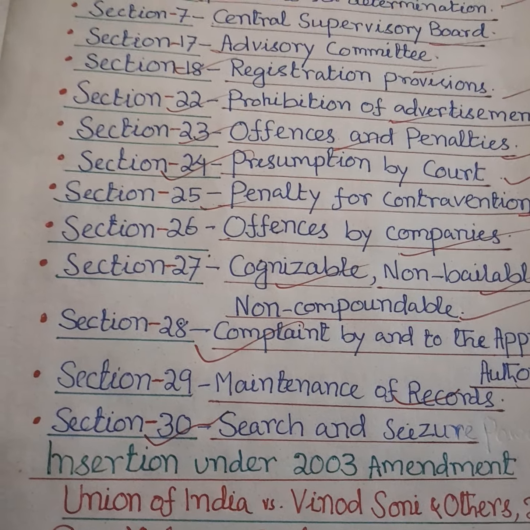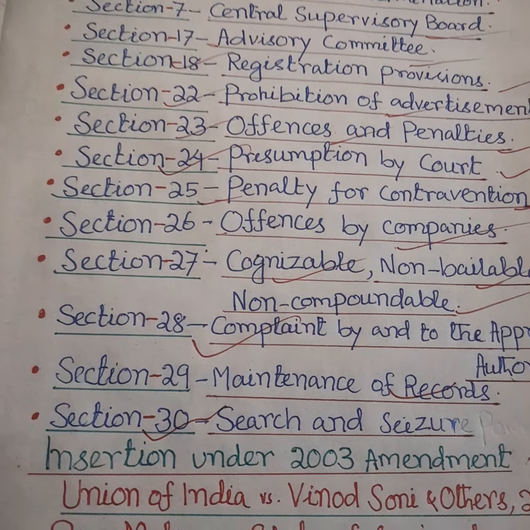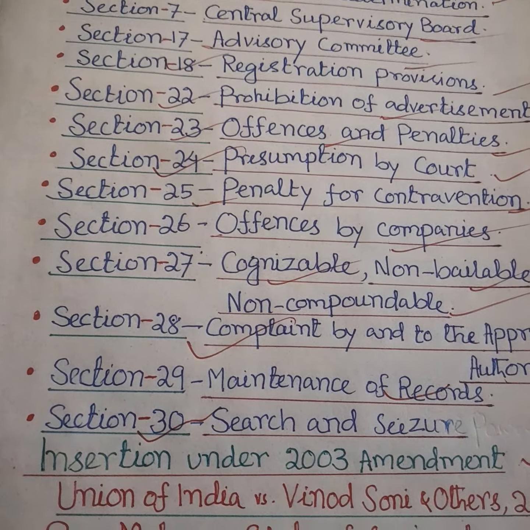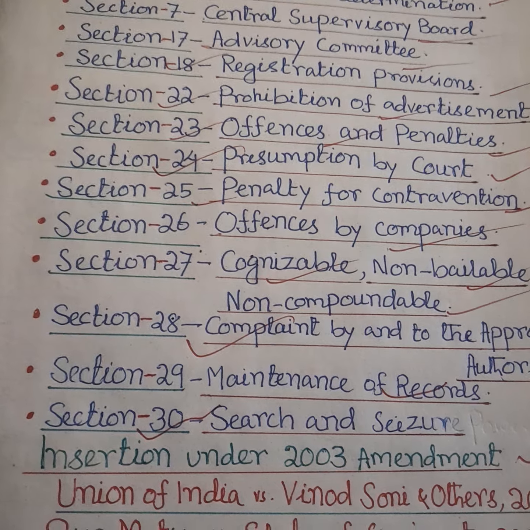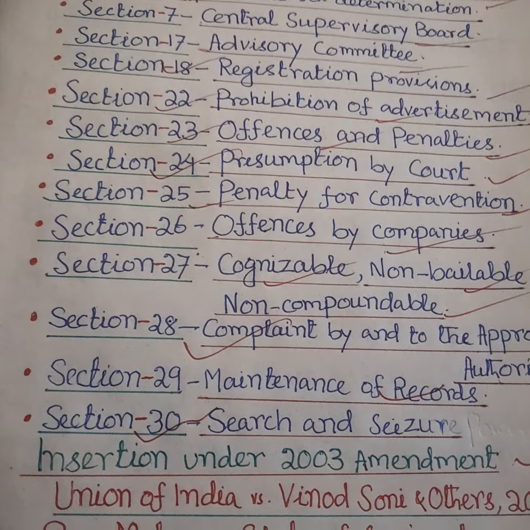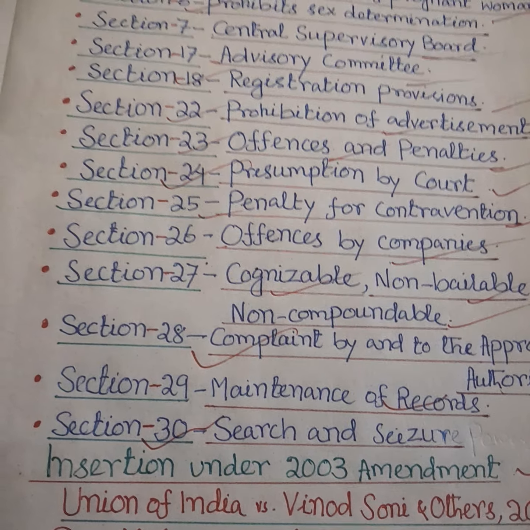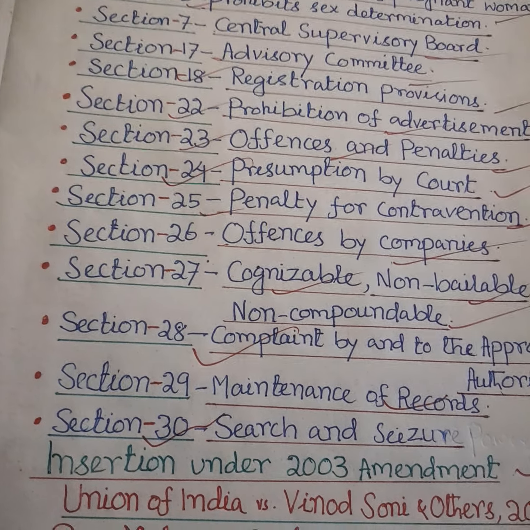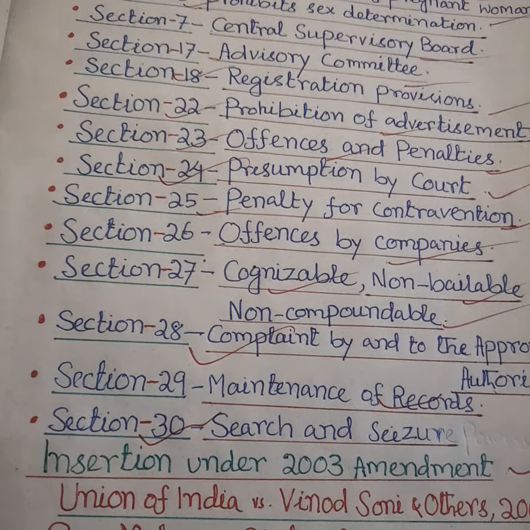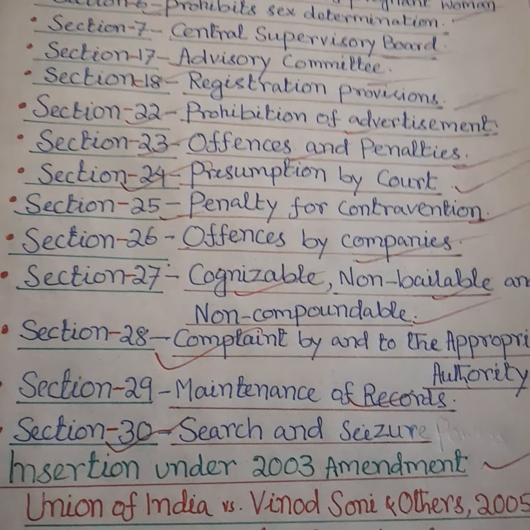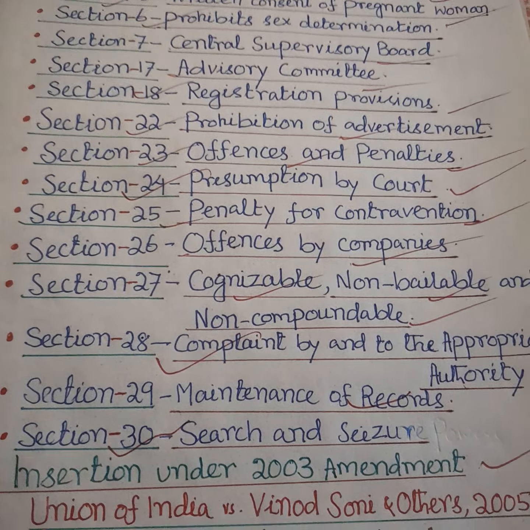also provisions for more stringent punishments, and empowering appropriate authorities with the power of a civil court for seizure and sealing of the machines and equipment of the violators of the provisions of the Act.